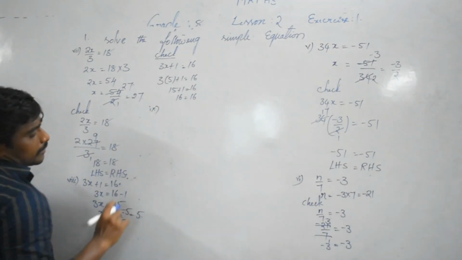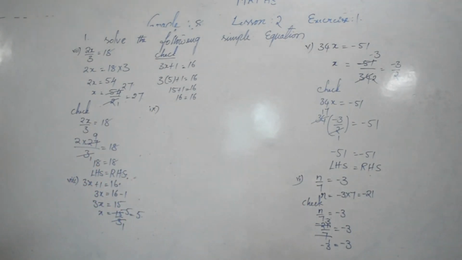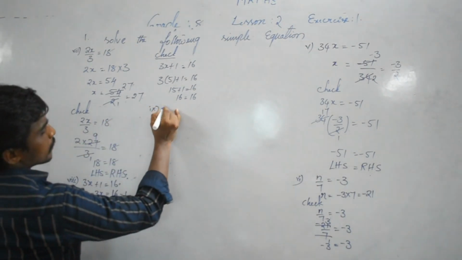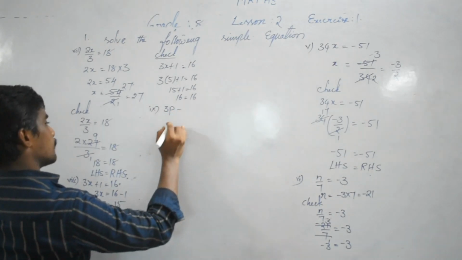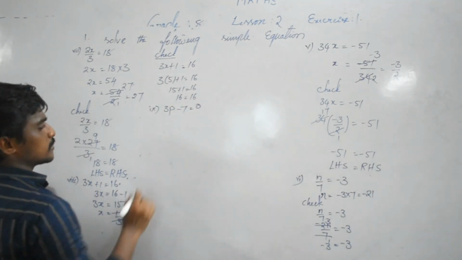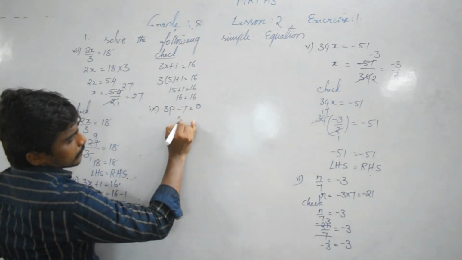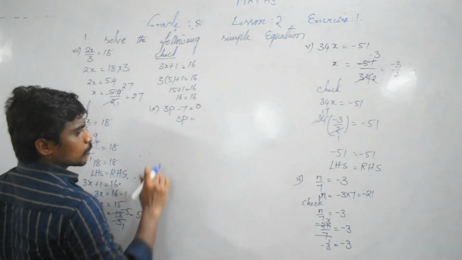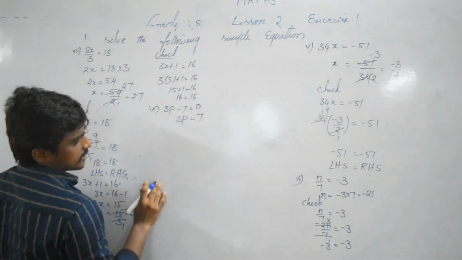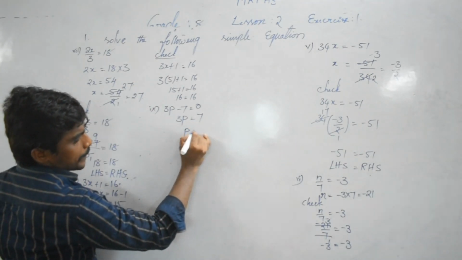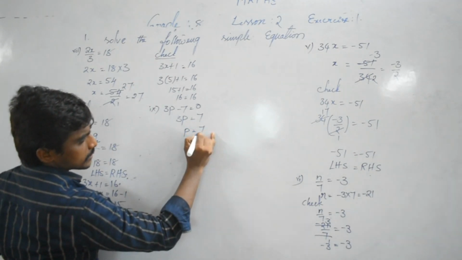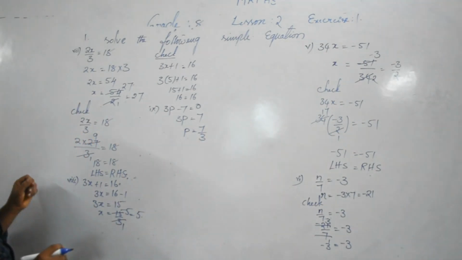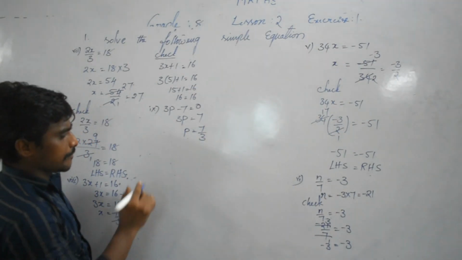So ninth one. 3p minus 7 is equal to 0. 3p minus 7, moving to RHS plus. So p equal to 7 by 3.